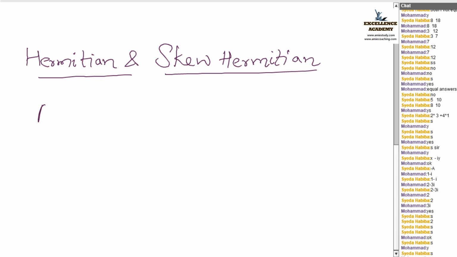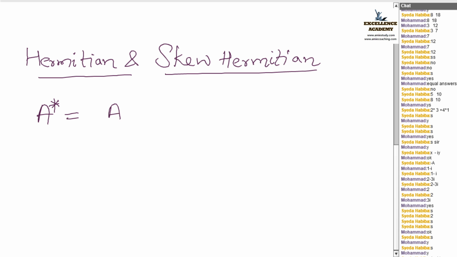We have already defined A star. A star means A bar the whole transpose, and if that is equal to A, that is known as Hermitian.